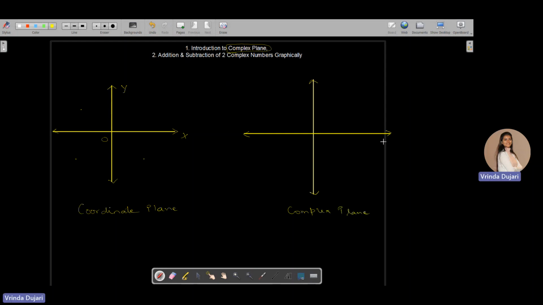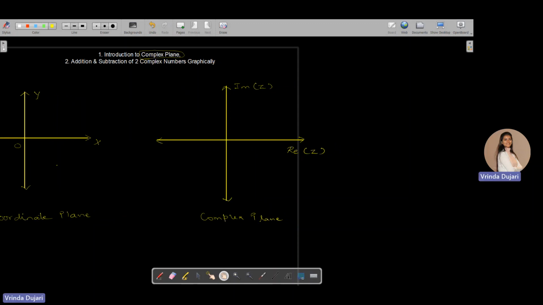Here, your x-axis will become Re(z) and your y-axis becomes Im(z). Don't worry, I'm going to explain what this Re(z) is.